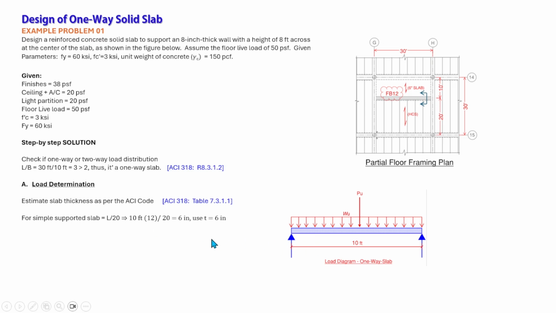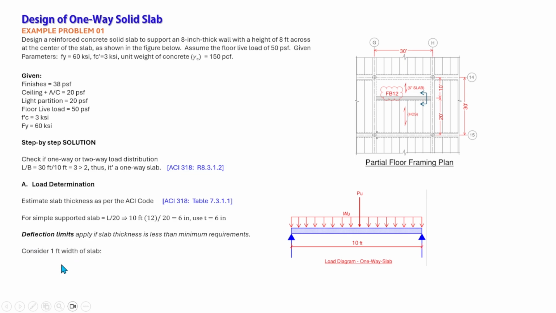With the length of 10 feet times 12 over 20, we are required to use a minimum of 6 inches. So t is equal to 6 inches. If you use a lower thickness, let's say 5 inches, you are obligated to check the deflection of the slab, and maybe you need to consider the cracked sections, but it requires a longer time to calculate.